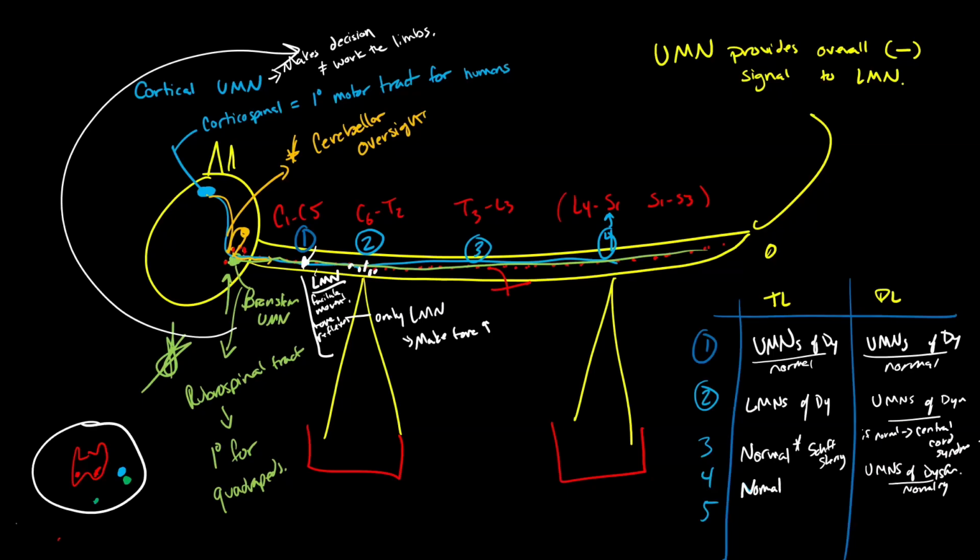These lower lesions, and I'll explain this in a minute, are less likely to have Schiff-Sherrington. Schiff-Sherrington has a much higher association with T3-L3, and I'll explain that in just a second. So as we have this L4-S1, we will see lower motor neuron signs of dysfunction in our pelvic limbs.